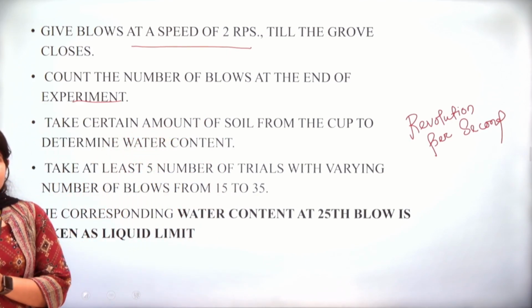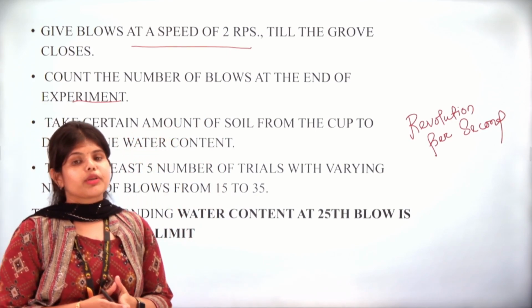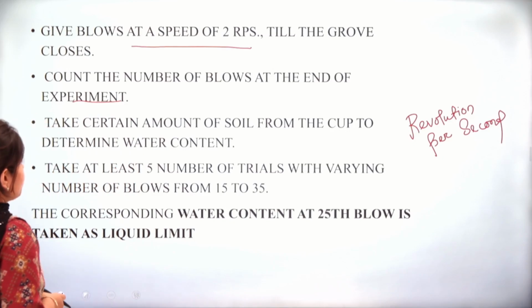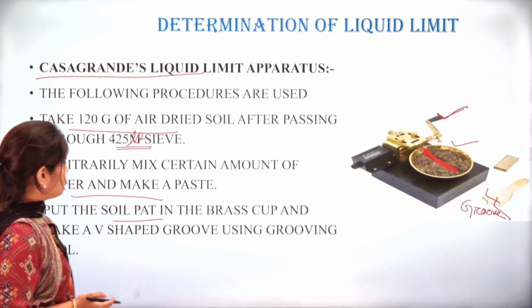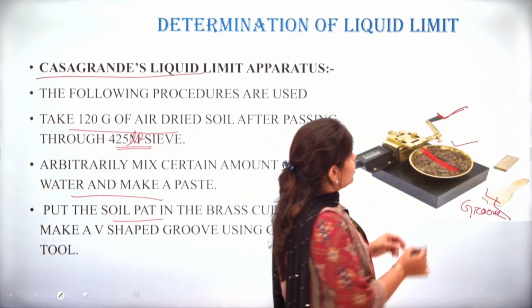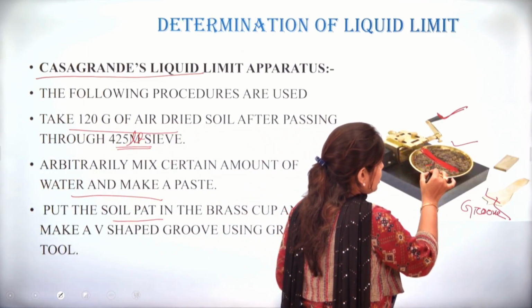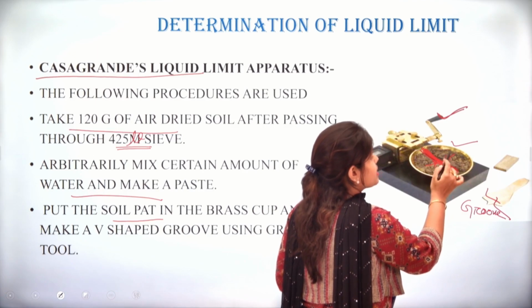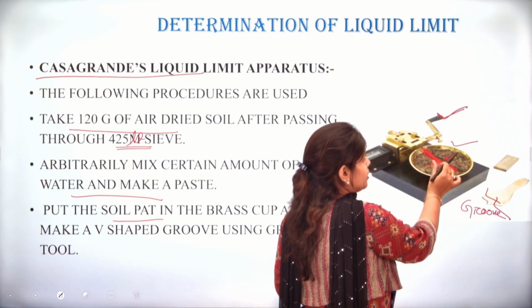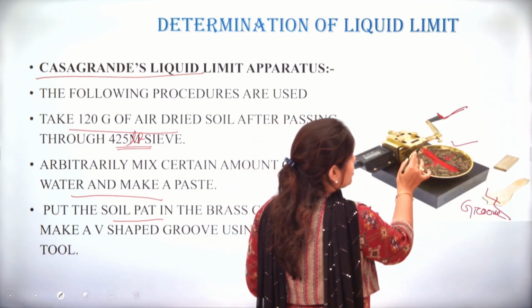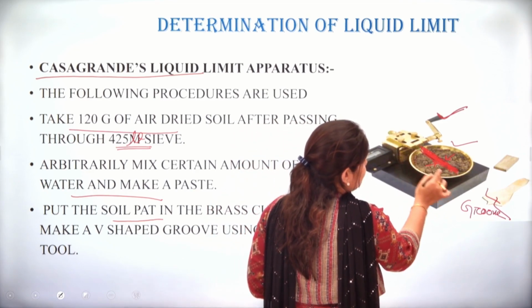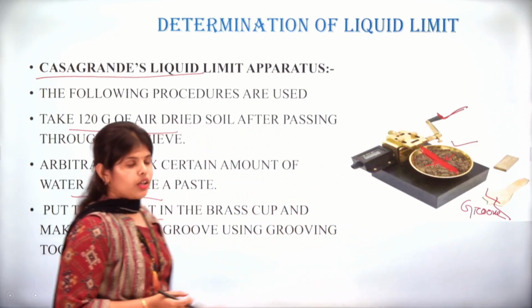Then take a certain amount of soil from the top to determine water content. What we can see here is that the soil from this side and from this side is going near to each other. After the completion of blows, this V shape will be a little closer.